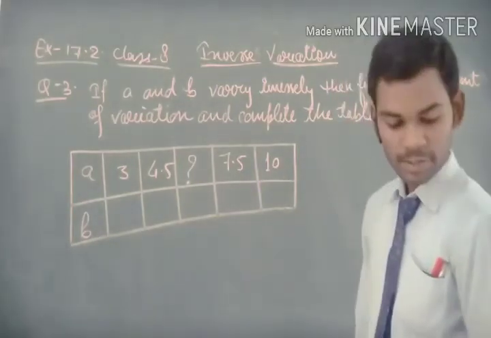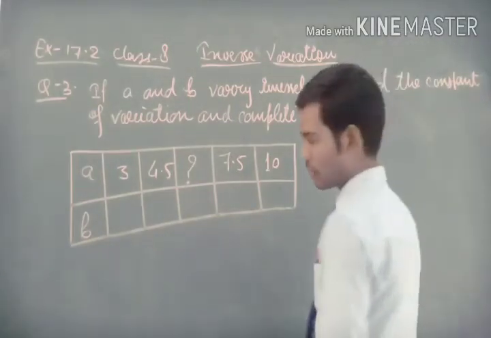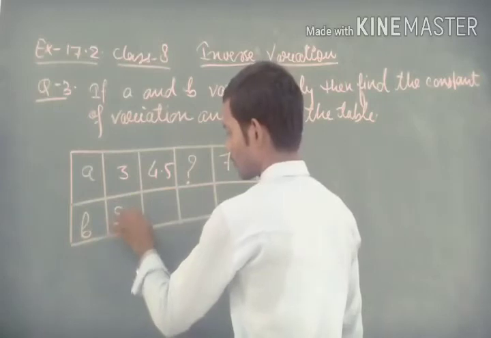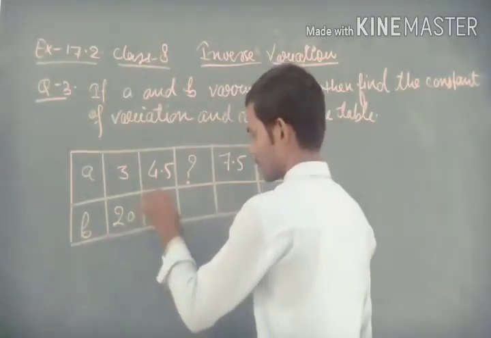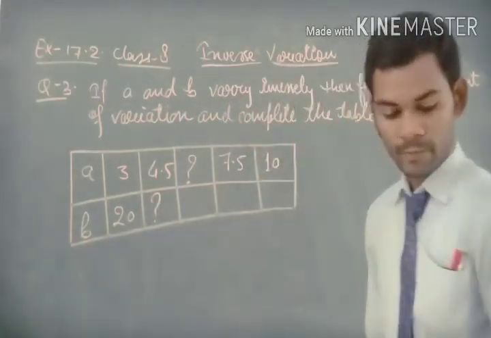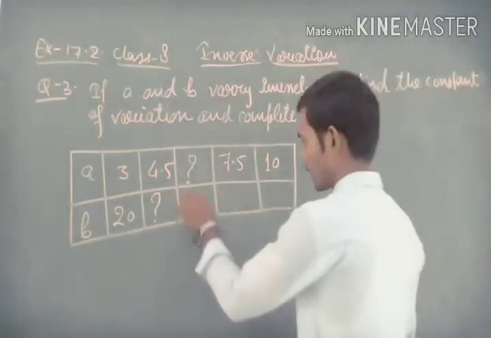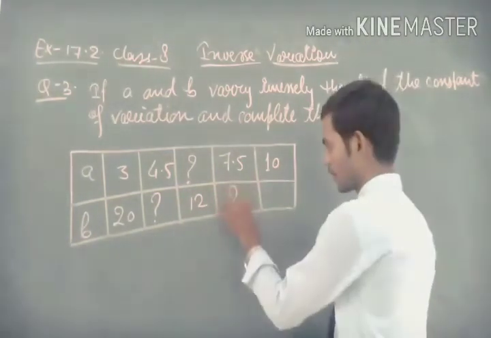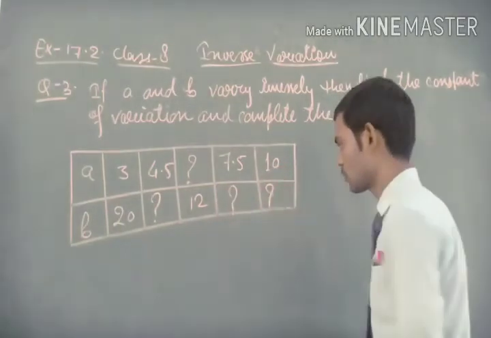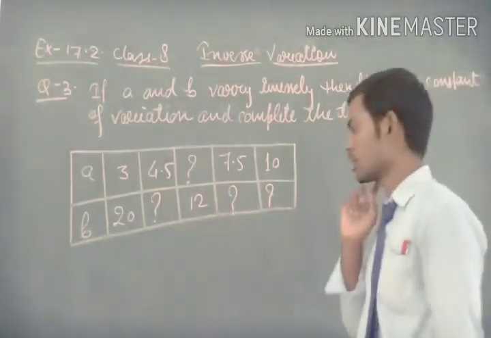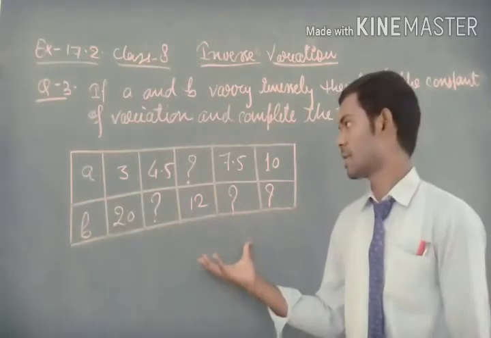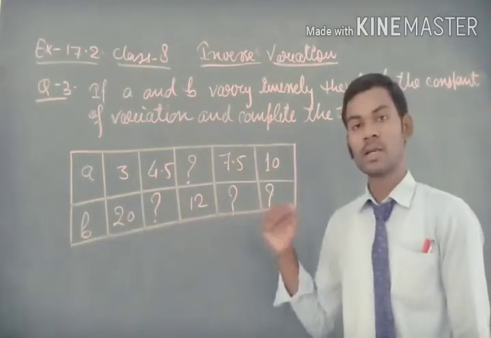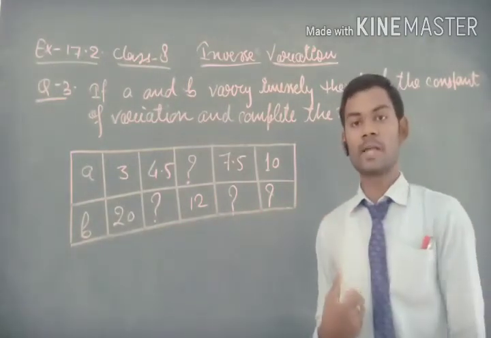And in the next, the value of B is 20. This is to be found, that is 12, and the next we also have to find. So students, the table is given and here we have to find the constant of variation.